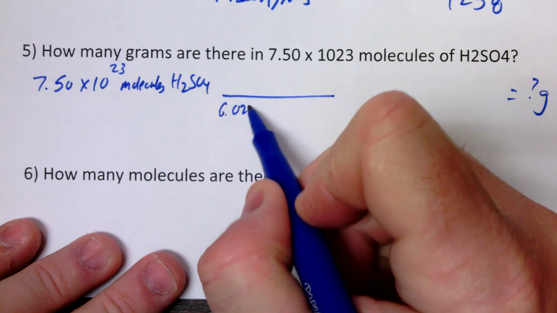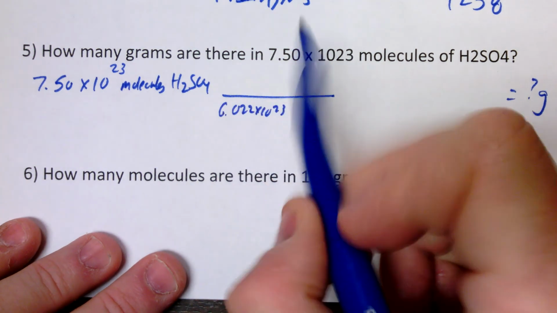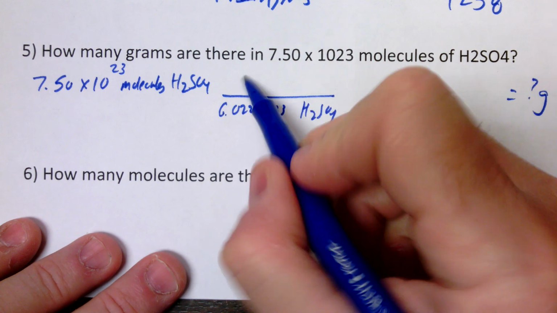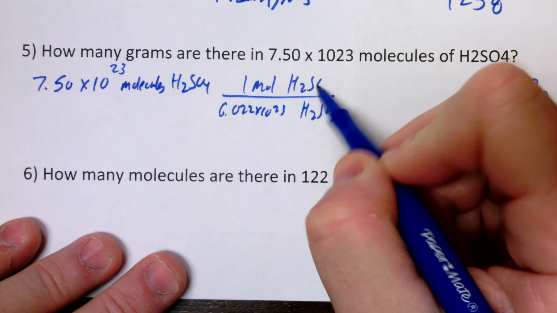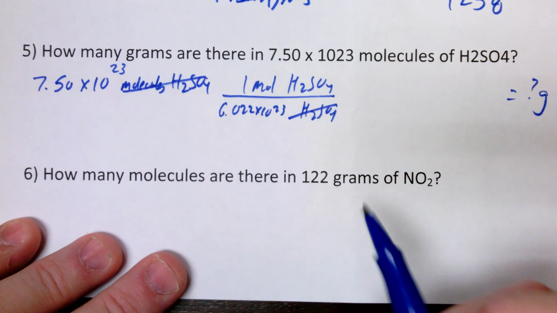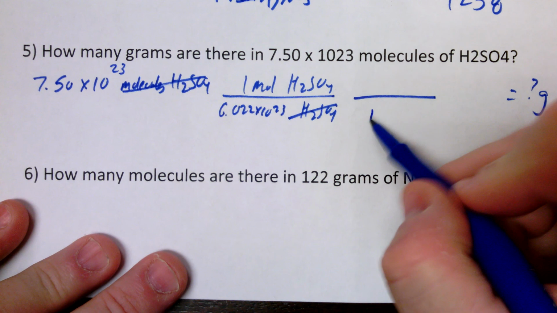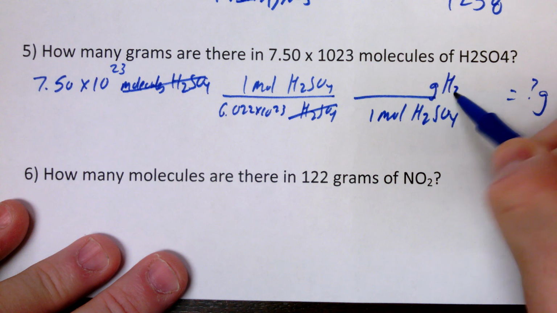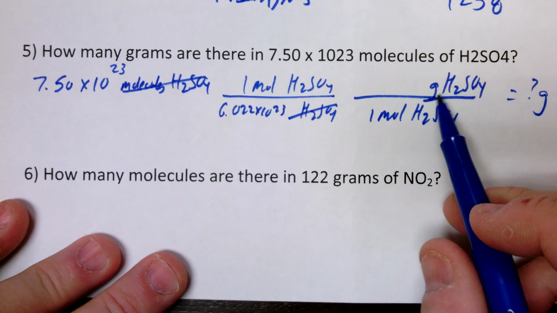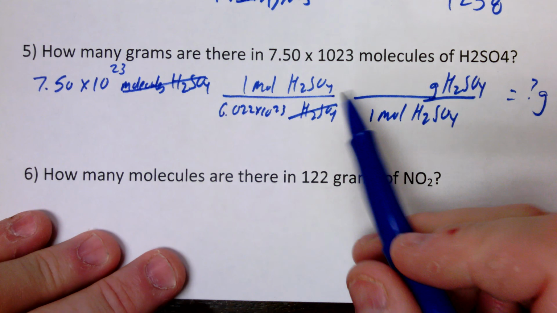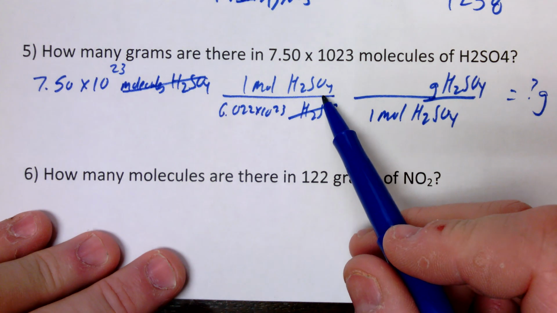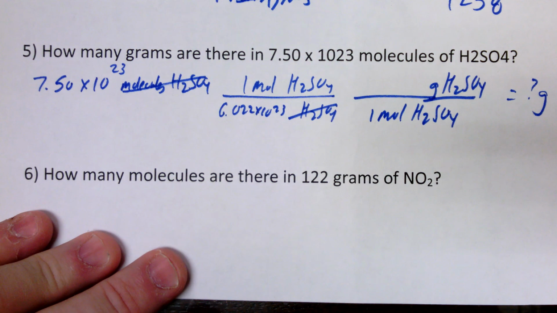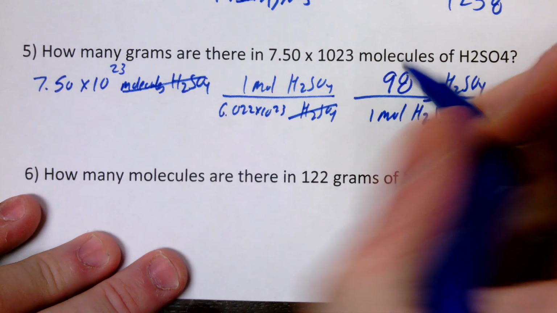Well, I know that there are 6.022 times 10 to the 23rd molecules of H2SO4 in 1 mole of H2SO4. But I want to know grams, so I've got to go 1 mole is how many grams. And for that, I've got to go to the periodic table. I've got to take 4 oxygens, which is 64, plus a sulfur, which is 32. Once again, I'm looking these up on the periodic table, plus 2 for hydrogen equals 98.